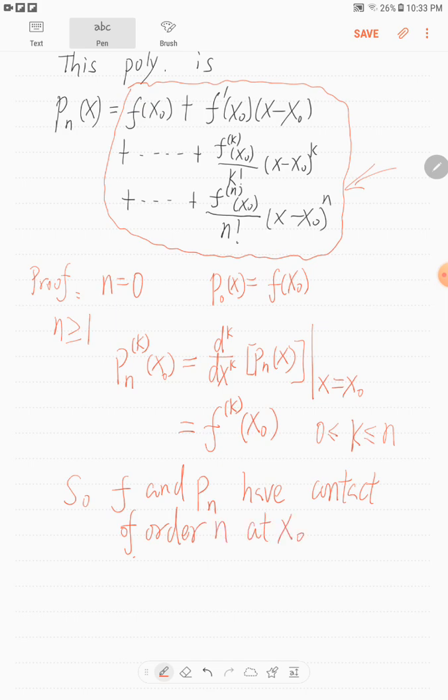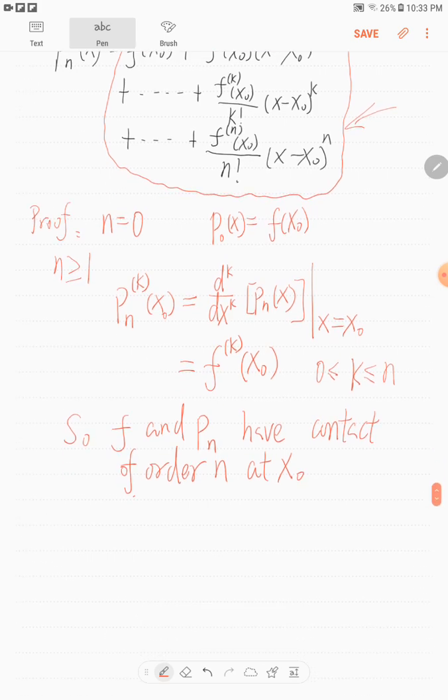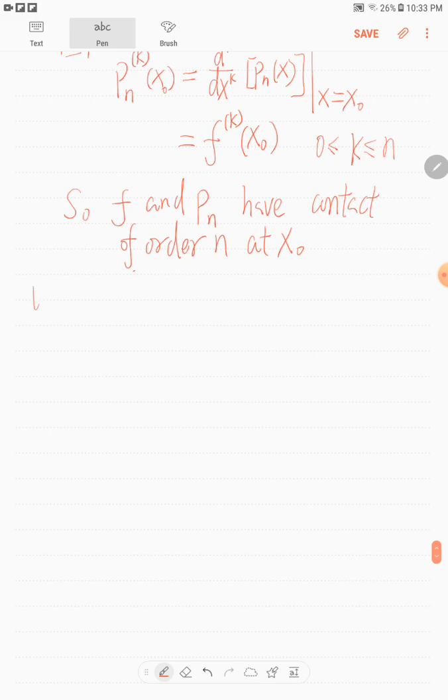So we have proved the existence. Now we want to prove the uniqueness. What is the uniqueness? We suppose we have a general polynomial.